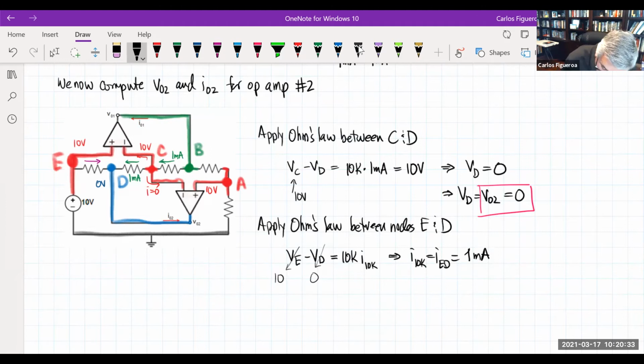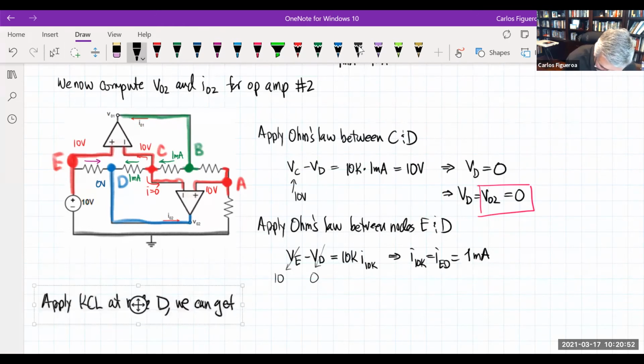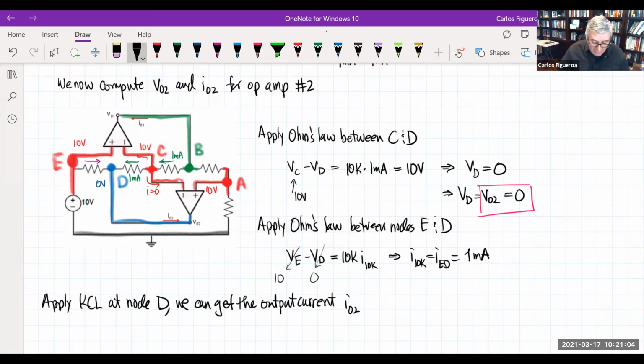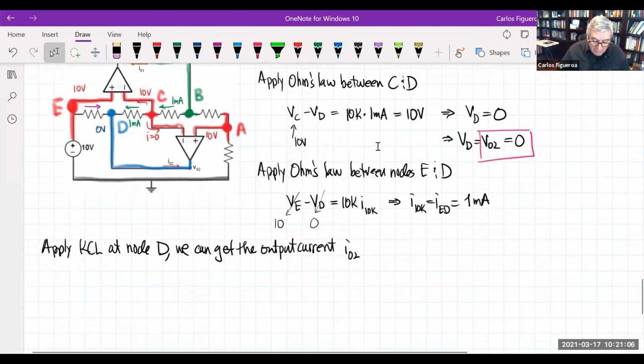So now, if I apply KCL at node D, we can get the output current IO2 of op amp number 2. So KCL tells me what?